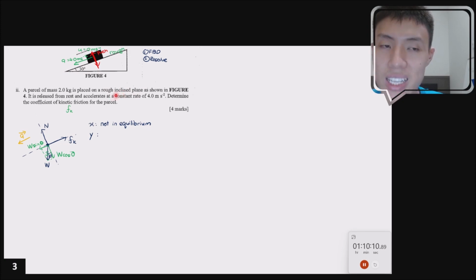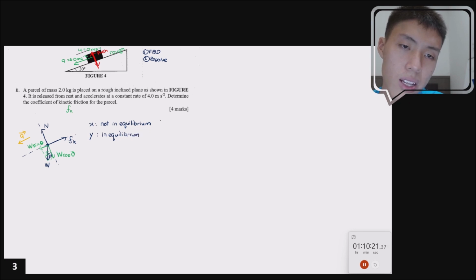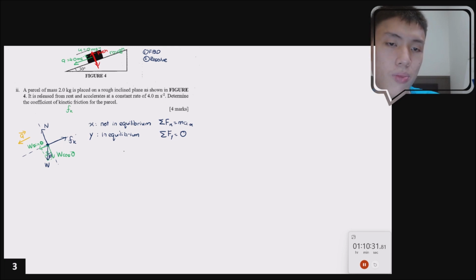So this means that it is at rest in the y dimension. So it is in equilibrium in the y dimension. Okay, so now we know that we are going to analyze sum of Fx equals max because it's not in equilibrium. Whereas for y, we are going to analyze it equals 0 because it's in equilibrium.